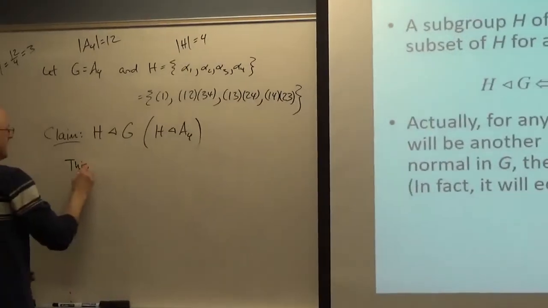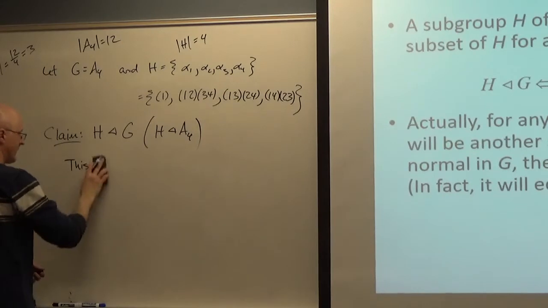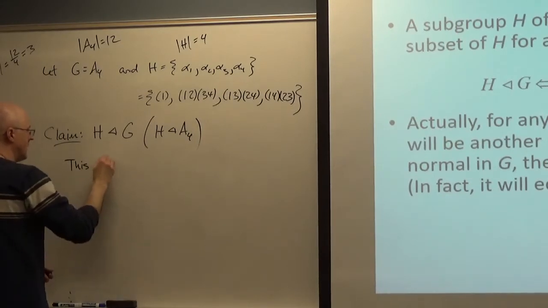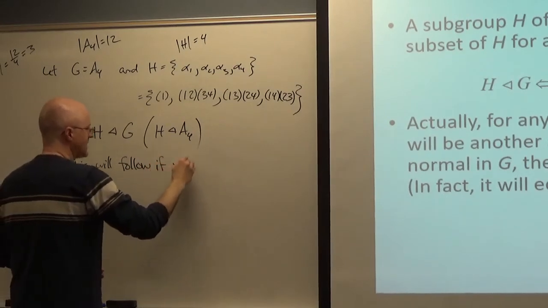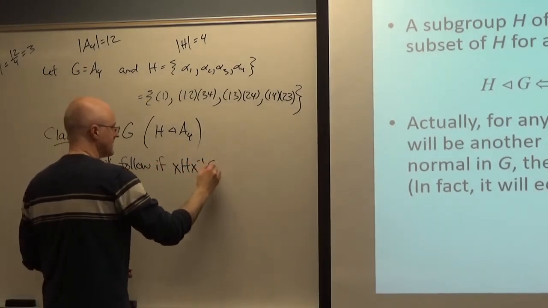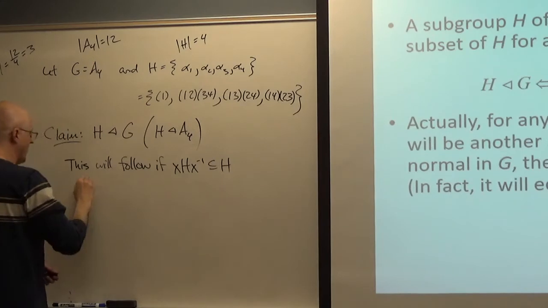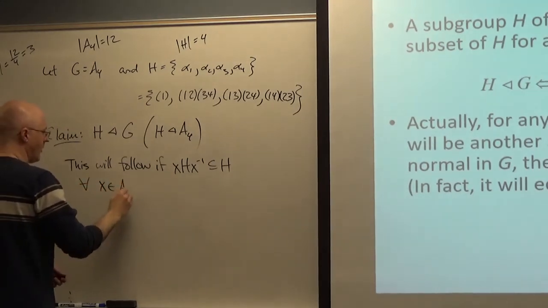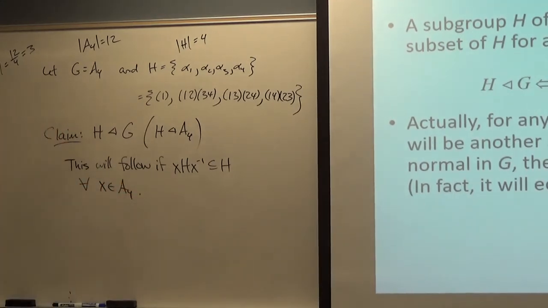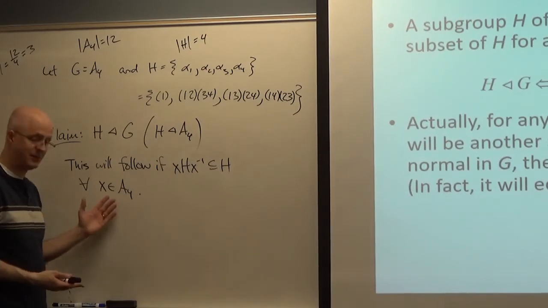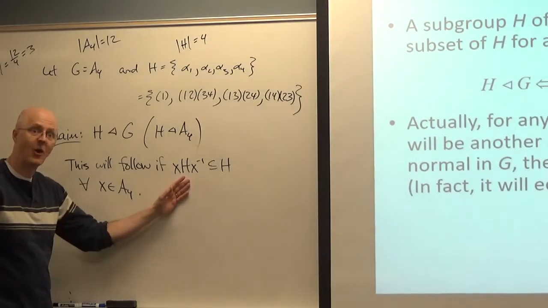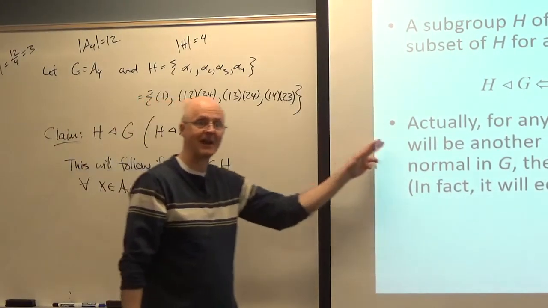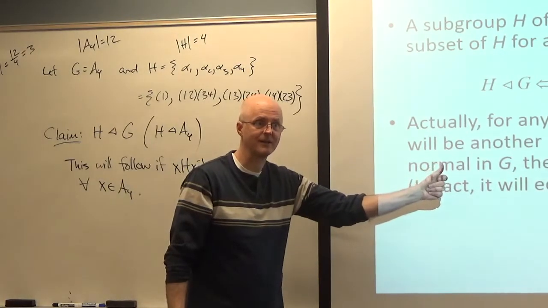This will follow if xHx inverse is a subset of H for all x in A4. You might think, okay, so do I have to check that this is true for every x in A4? No, you don't. If you use this fact, you can get the answer pretty quickly.